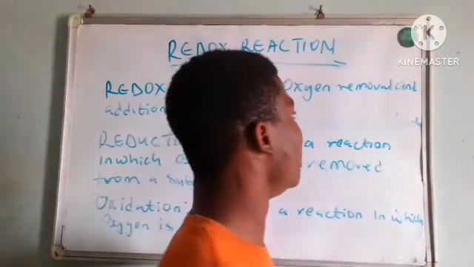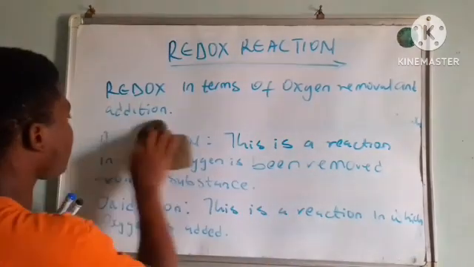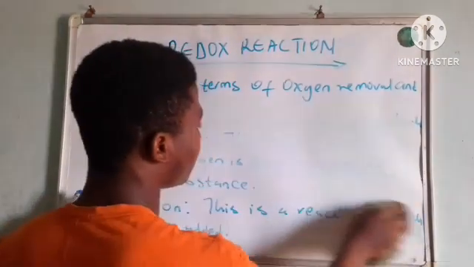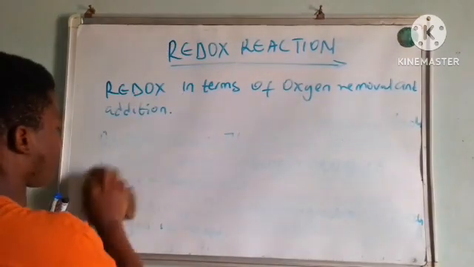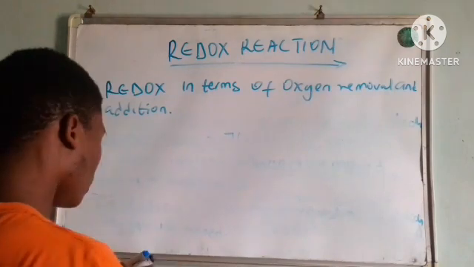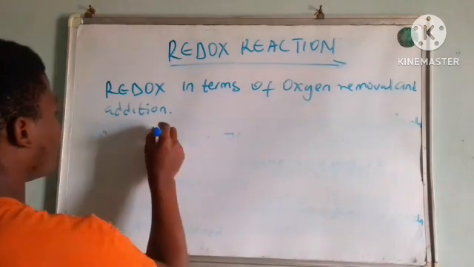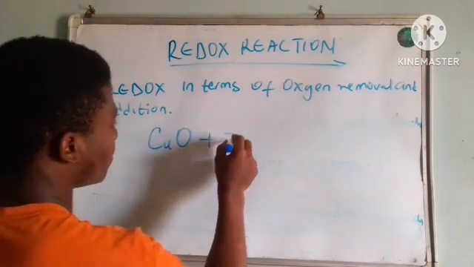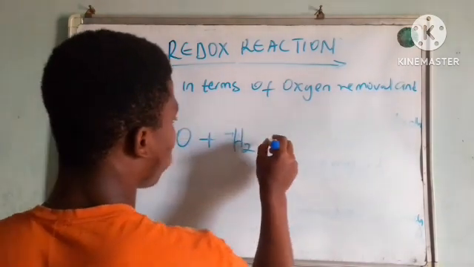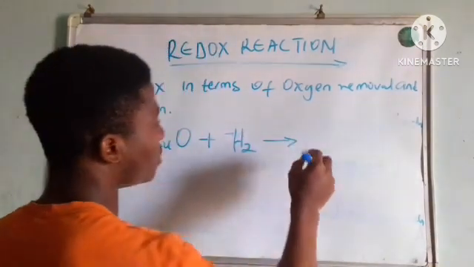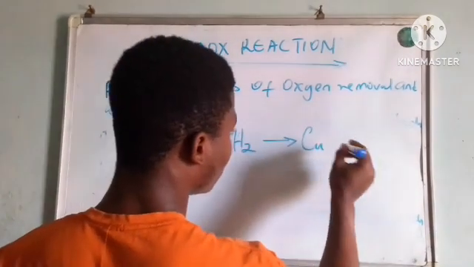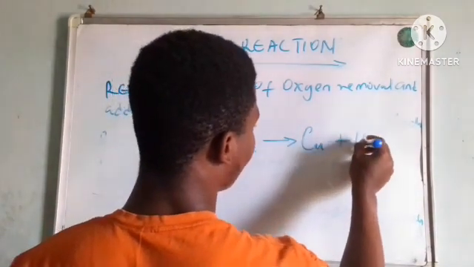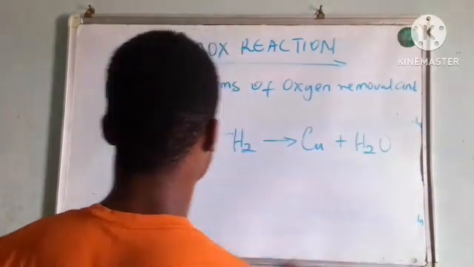For example, in a reaction where copper 2 oxide reacts with hydrogen to give us copper on its own and H2O, which is water.